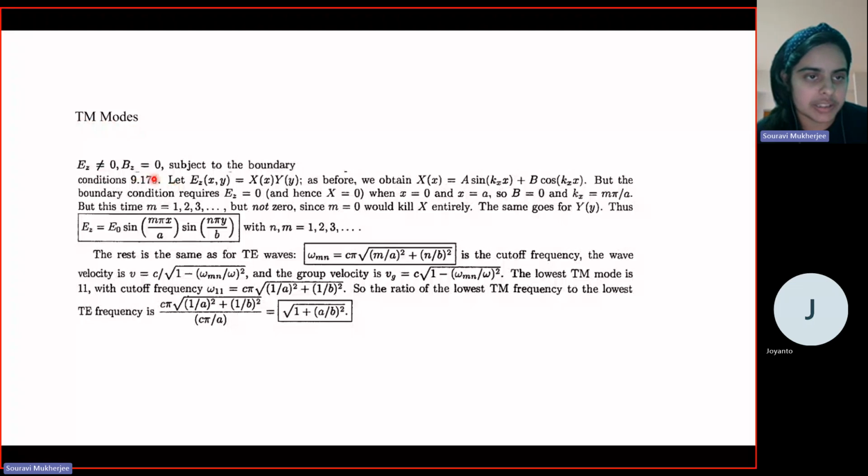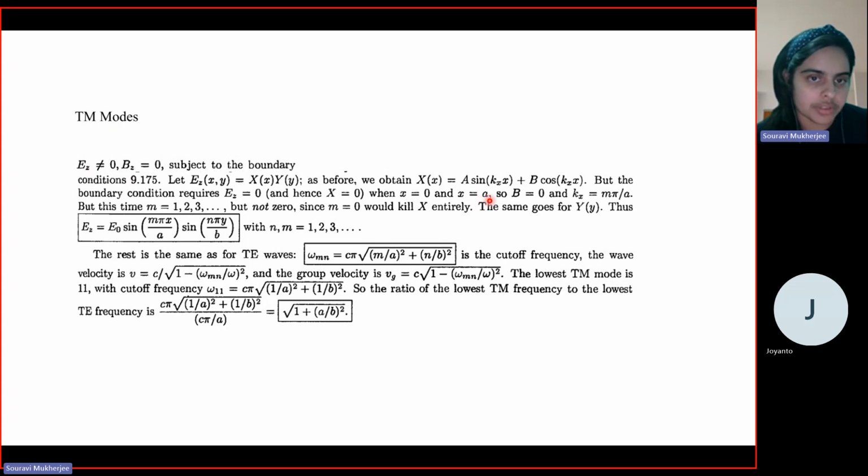And the difference between TM modes was that here, because this comes from the boundary conditions, we set the boundary condition as Z, X going to 0 at X equal to A and X equal to 0.